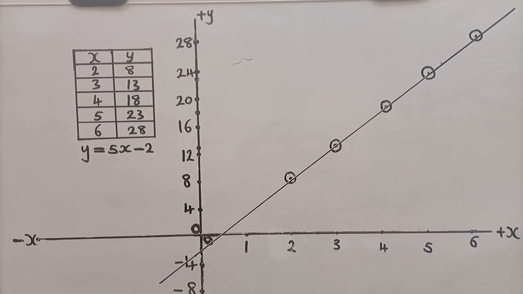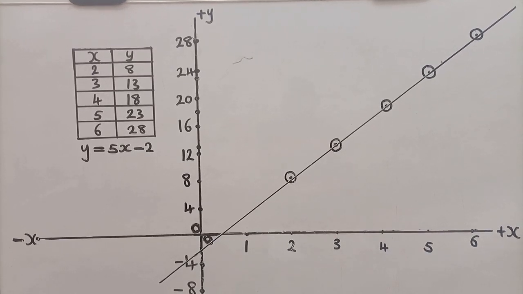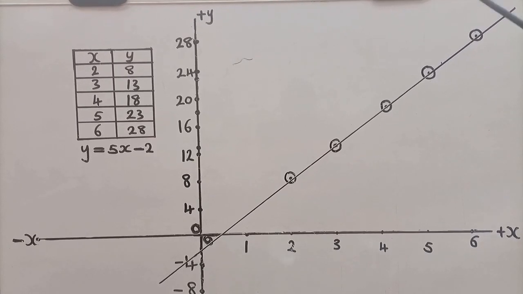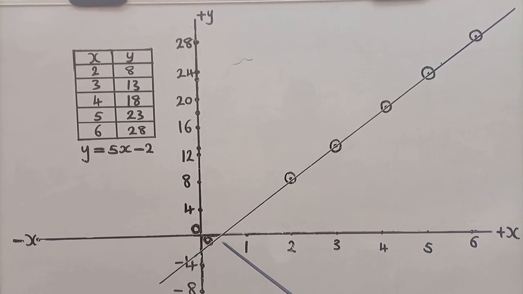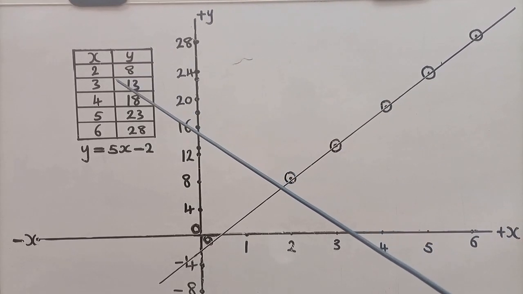Now let us consider a second example on slope using this table and this Cartesian sketch. First, let us check whether it is possible for us to use this table to find the slope before we start using the line of best fit to find the slope. How do we know whether it is possible to find the slope with this table?